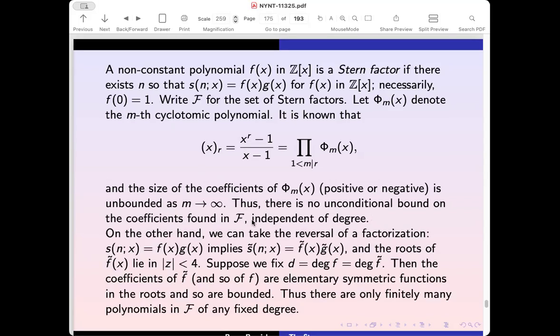But on the other hand, taking the reversal of a factorization, the reversal has zeros that have to lie in |z| less than 4 because they're outside the circle |z| less than or equal to a quarter. And because the coefficients are elementary symmetric functions, this proves that for each degree, there are only finitely many possible polynomials.